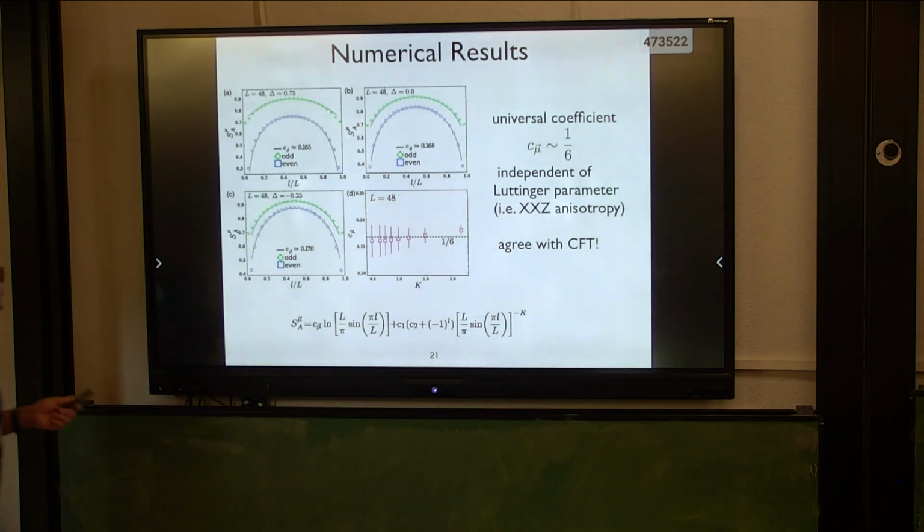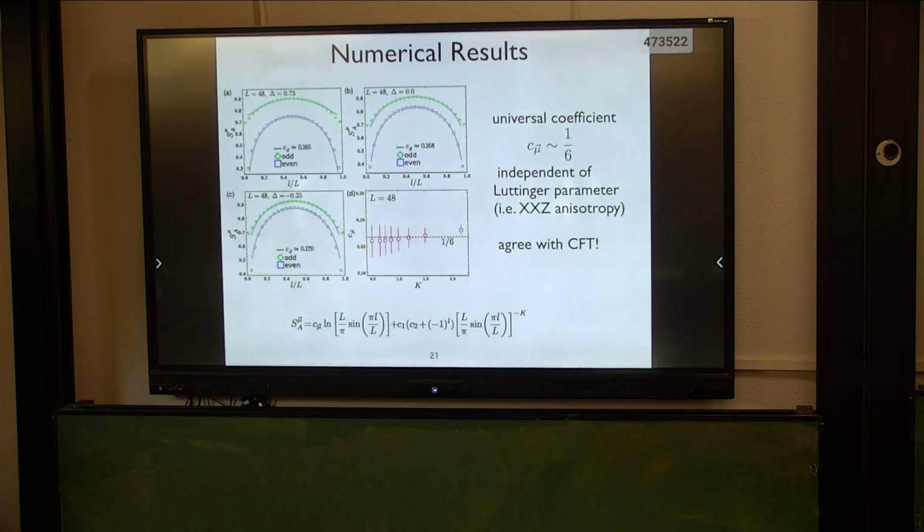Now this is a numerical result done by Hoshino-san, and yeah, there is some even-odd effect, but if you forget about the even-odd effect, this numerical result, for the forced uniform outcome case, shows that the entanglement entropy as a function of the system size, small l over large L, follows this CFT prediction very well, log L, and the coefficient he obtained from fitting the numerical data is between 0.165 and 0.170.